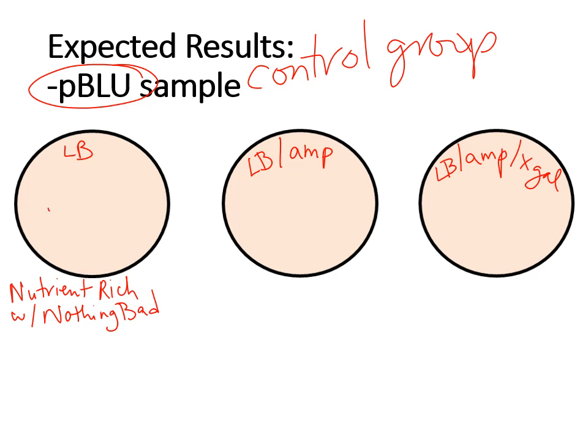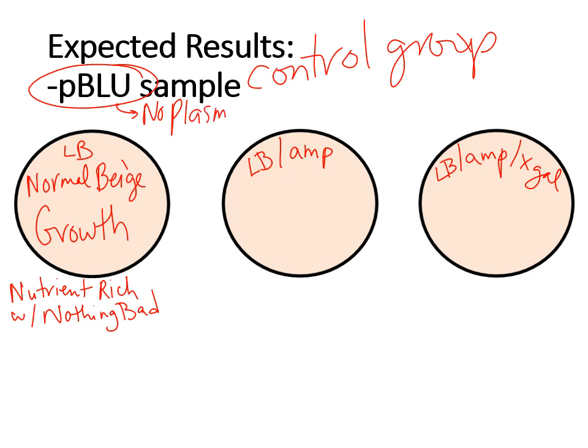Okay, you expect growth, and you expect it to be normal, regular old, well, I'll call it normal beige growth, because there's no selectable markers to change the color. So even though there is no plasmid, because remember, we're dealing with the control group, so remind yourself up here, no plasmid in any of these samples, you expect growth on that first plate because of the fact that it's just nutrient-rich media.